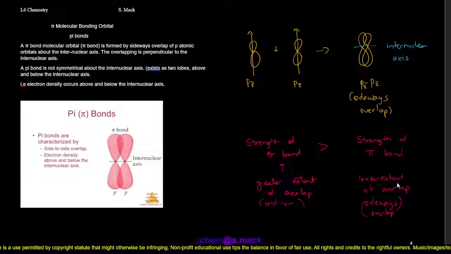And these are the two molecular orbitals we need to know about, sigma and pi bonds.